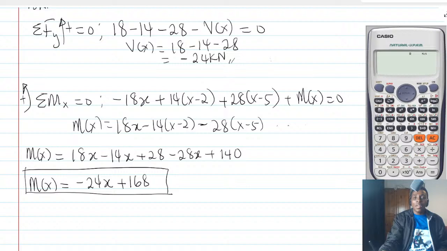Okay, so that is the moment function for the section which I have taken. So now it is time to draw the shear force and the bending moment.